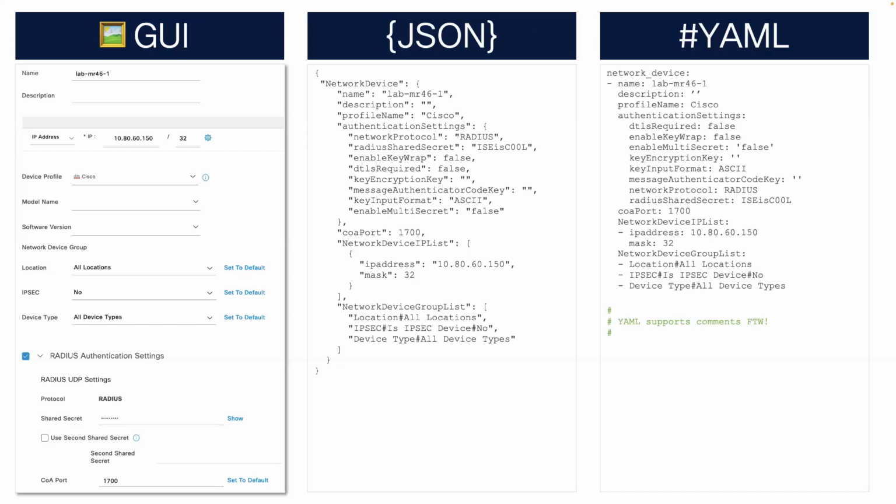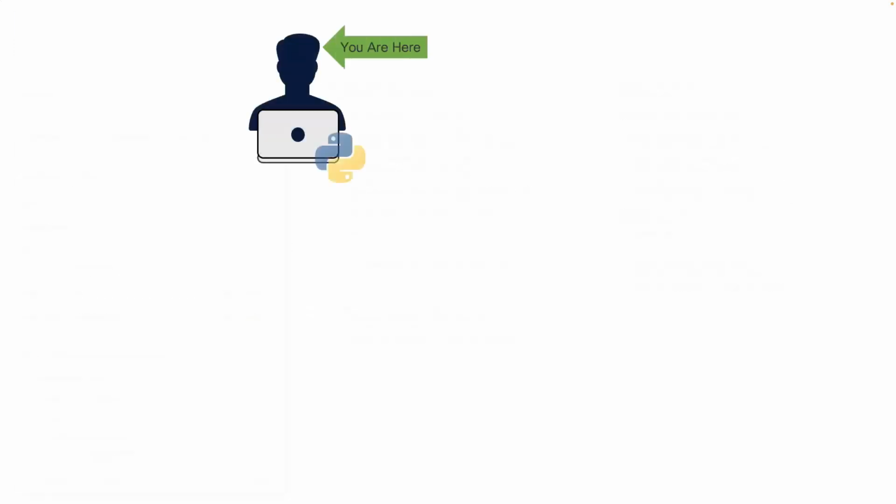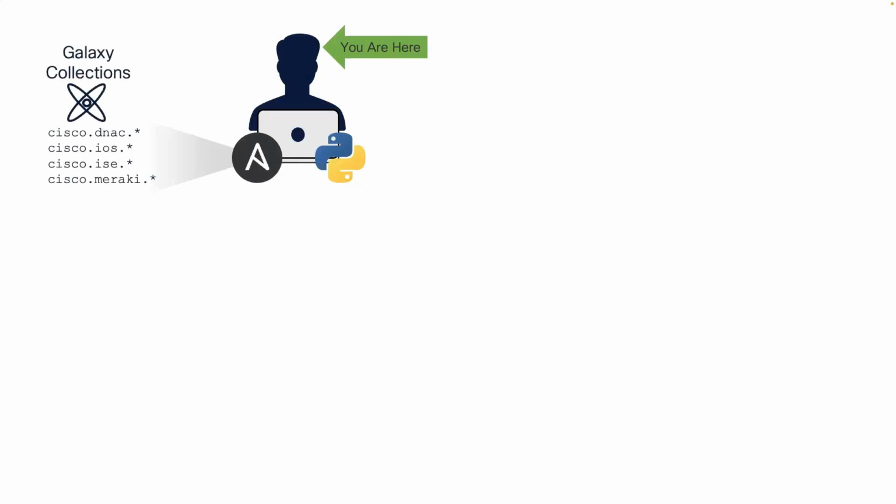And so to talk about how that works, this is how Ansible works if you aren't familiar with it. So you install Python and Ansible on your computer, and I use VS Code to help work with that. Ansible has this concept of modules, or called collections, and we have that for ISE and other Cisco products, and Ansible has a huge number of collections out there.